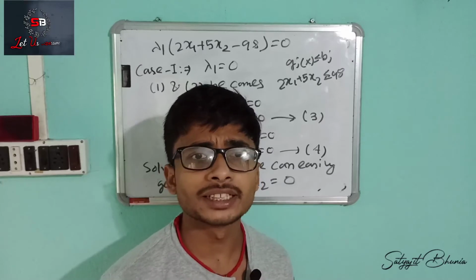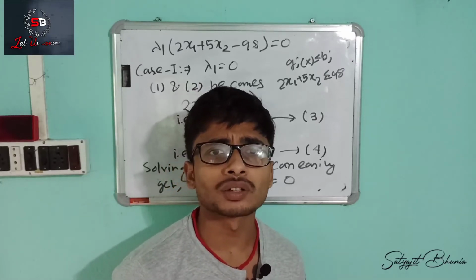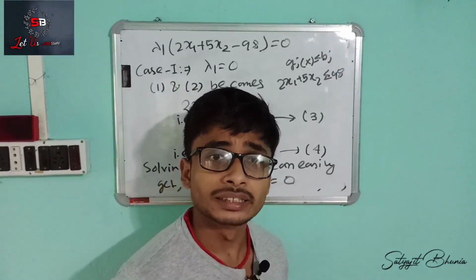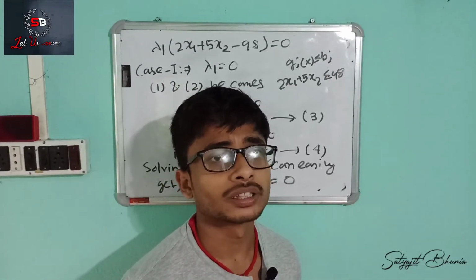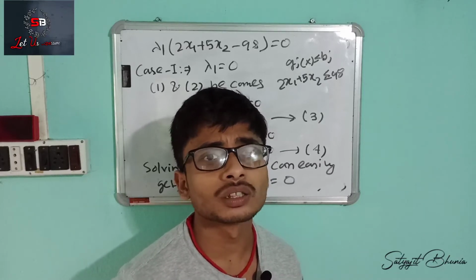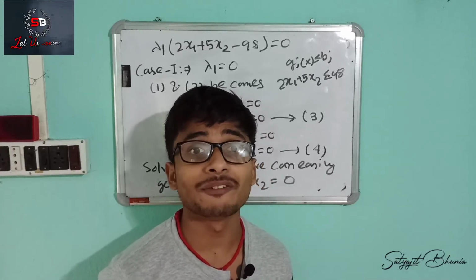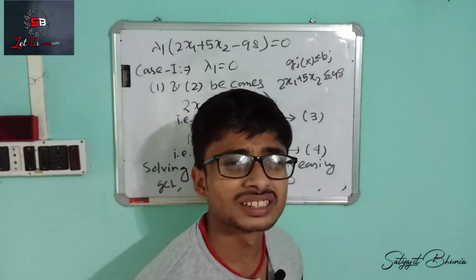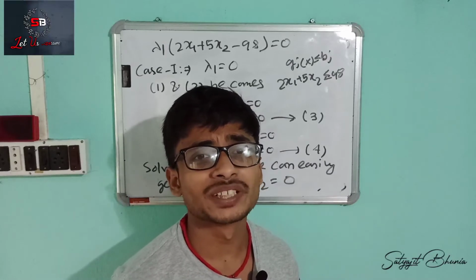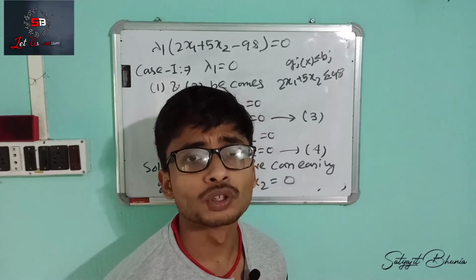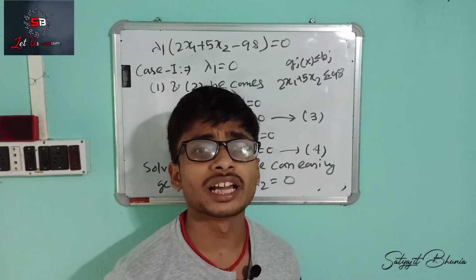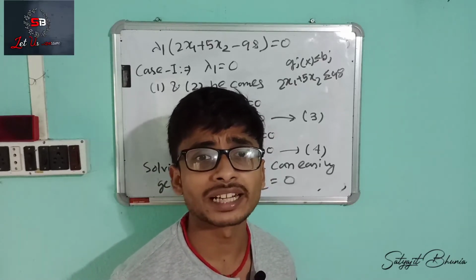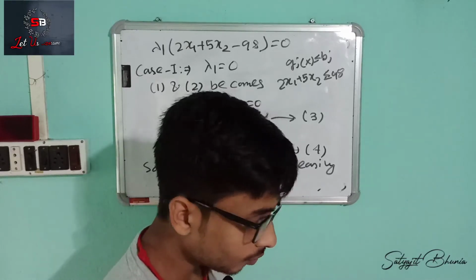So the third Kuhn Tucker condition is satisfied by the solution in this case. And what is the fourth Kuhn Tucker condition? The fourth Kuhn Tucker condition for the maximization problem is lambda j is greater or equal to 0. Since the value of lambda 1 is equal to 0, it will automatically satisfy the fourth Kuhn Tucker condition also. So all Kuhn Tucker conditions for the maximization problem are satisfied by the solution.